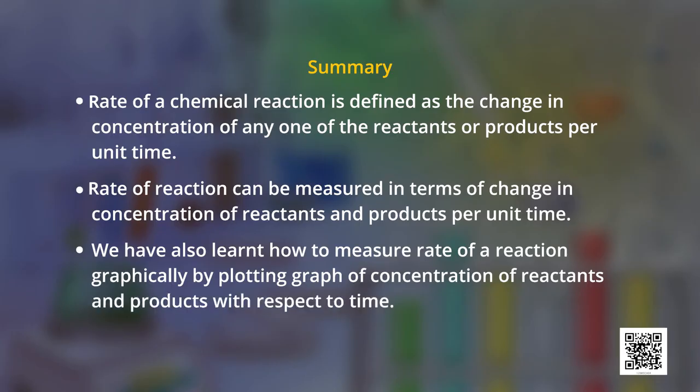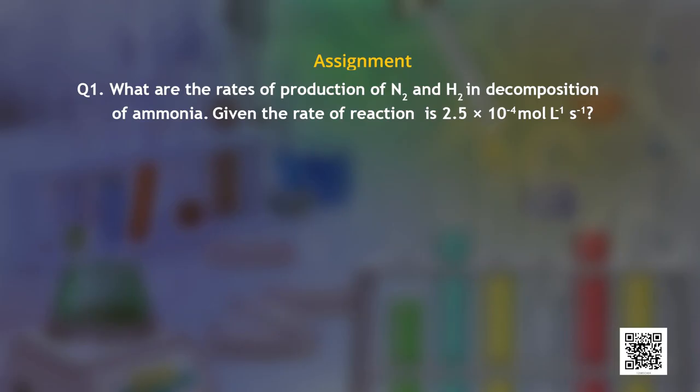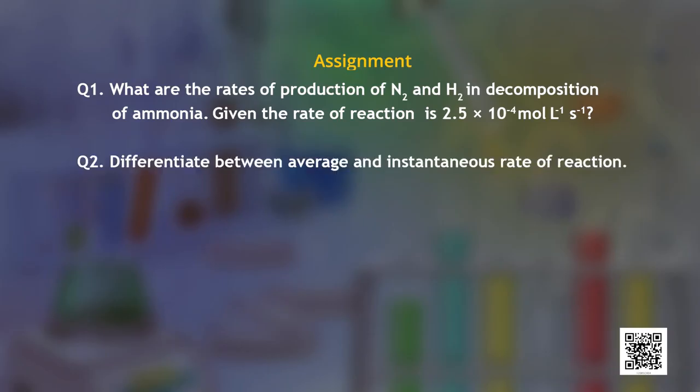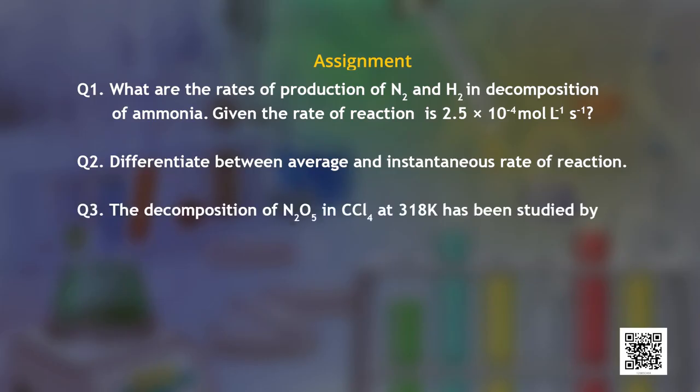with respect to time. Here are a few questions for you to practice. Question 1. What are the rates of production of nitrogen and hydrogen in decomposition of ammonia, given the rate of reaction is 2.5 multiplied by 10 raised to the power minus 4 moles per liter per second? Question 2. Differentiate between average and instantaneous rate of reaction. Question 3.